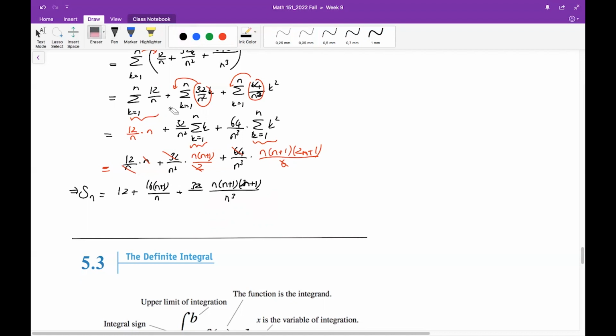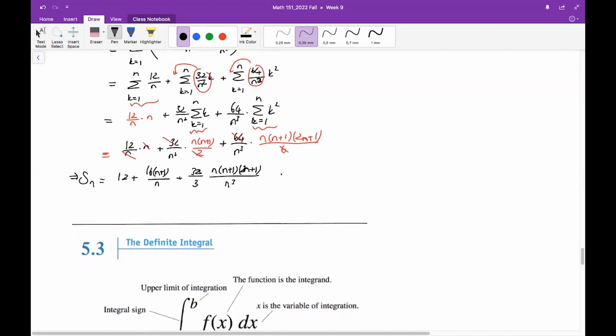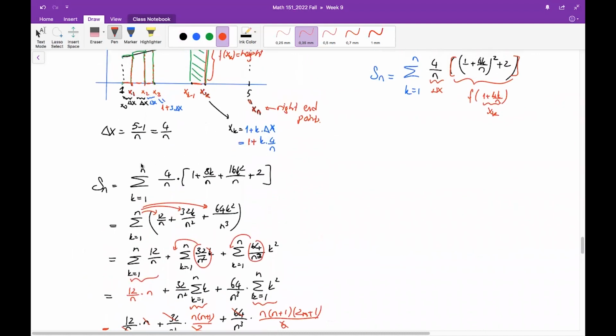By the way, I think this should be 3, right? Okay, so this is the result of the Riemann sum, in fact. This expression is the result of this Riemann sum.